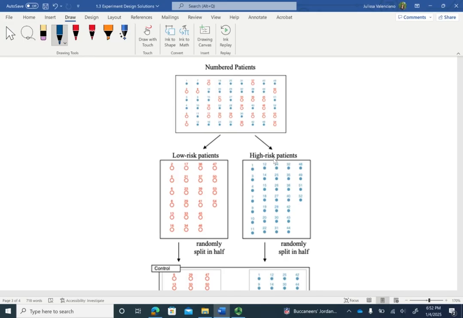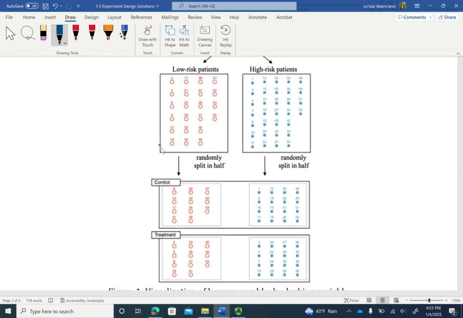Being a low risk or a high risk patient of having a stroke is considered a lurking variable. Okay? And so what are we going to do? Well, we're going to separate the patients into two groups, and this is not going to happen at random. This is something that you would be controlling as a researcher. You would be separating the low risk patients and the high risk patients.